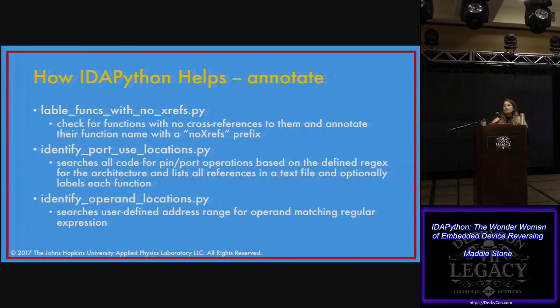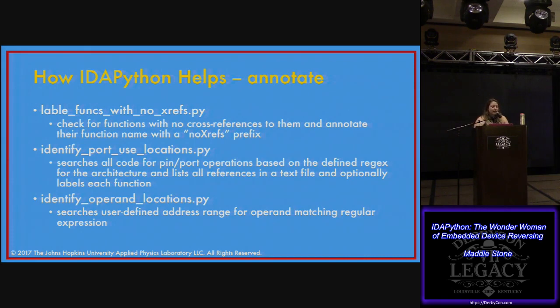It will list them in a CSV file, so if you like to do processing and understanding that way, but it will also, if you would like, give you the option as it runs in a dialog, to prefix each function with just that port number that it's interacting with. We'll see it in the demo, but that really helps to understand and be like, cool, this is the one that's actually reading and writing this port right here.